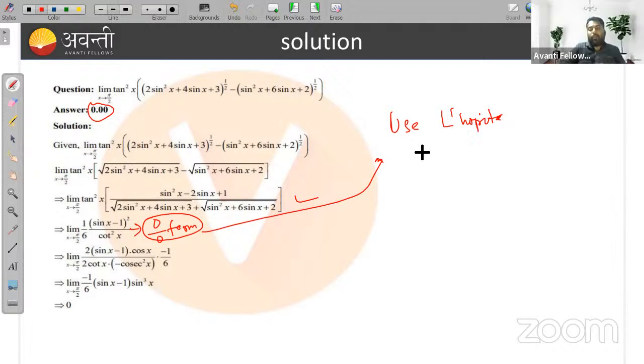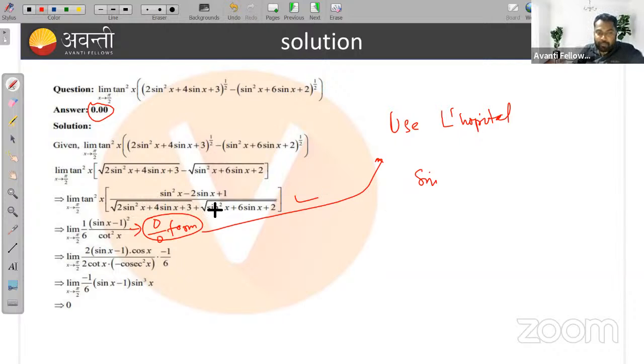If we differentiate the numerator, what do we get? 2 into (sin x minus 1) into... And when we put the limit here, sin square pi by 2 is 1, so 2 plus 4 plus 3 is 9.